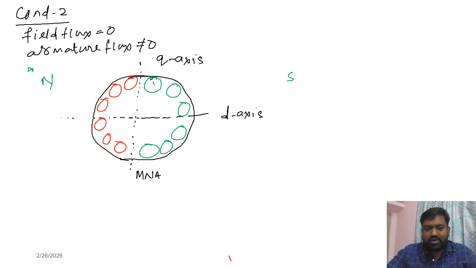Then suppose we will mark the current like this. If the current enters, then I will mark it as a cross. And here, if there is a circle or an output path, I will mark it as a dot. You see, this is the dot.